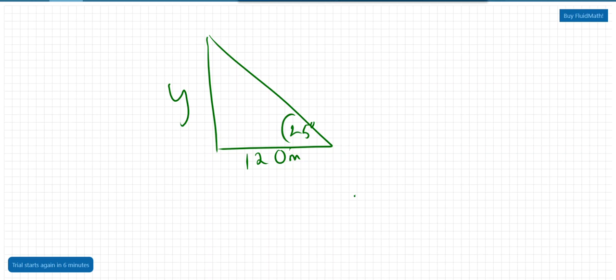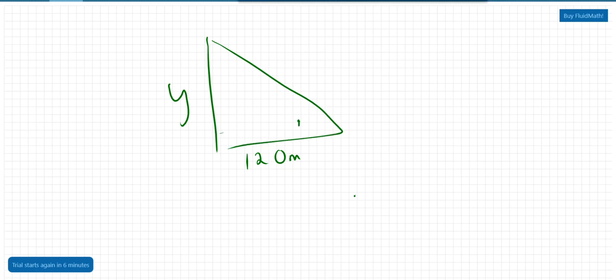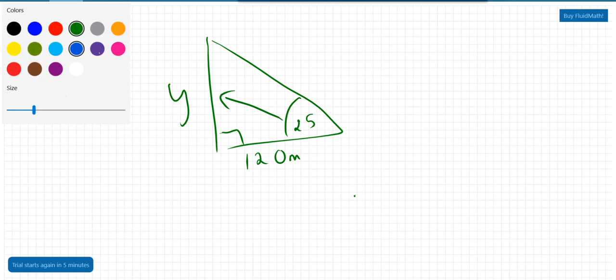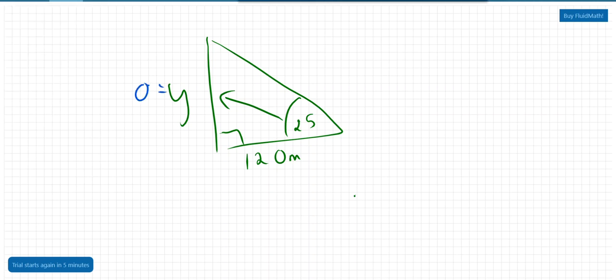Now, let's see. There's my right angle. So, identify the sides that we have. Hypotenuse is nothing there. Opposite is my y. So, O is equal to y. And my adjacent is 120. So, A is equal to 120.